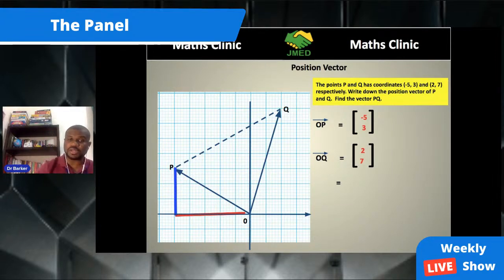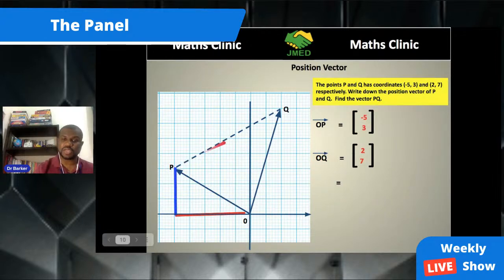So one way we could think about this is to get from P to Q, we need to go first from P to O, and then from O to Q, because we know these lines already. We have information about OP, we have information about OQ.